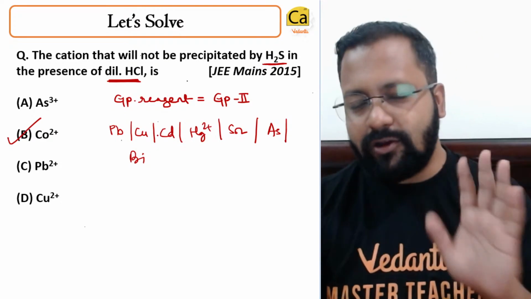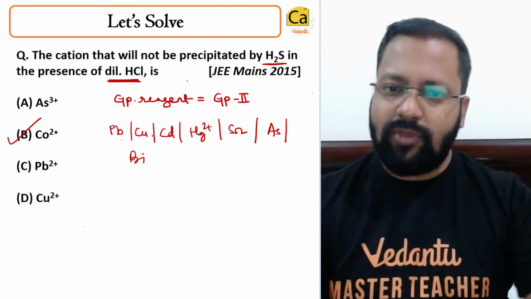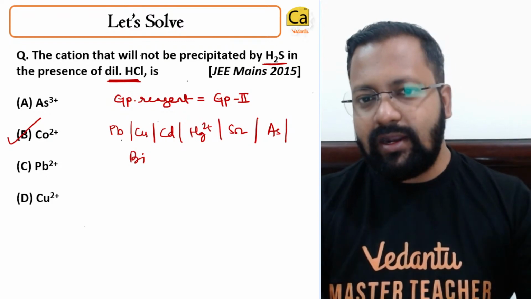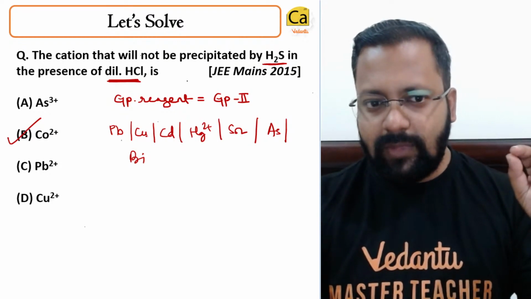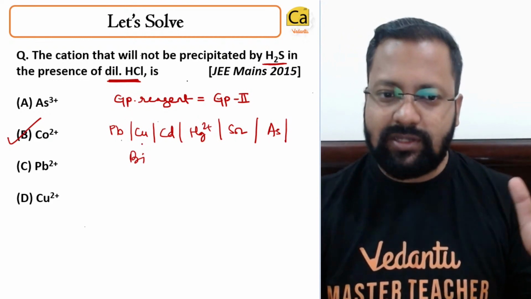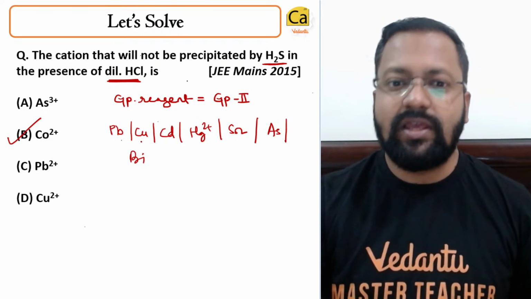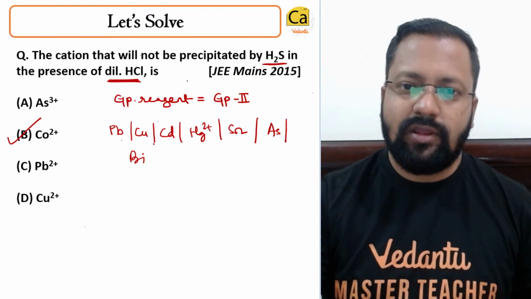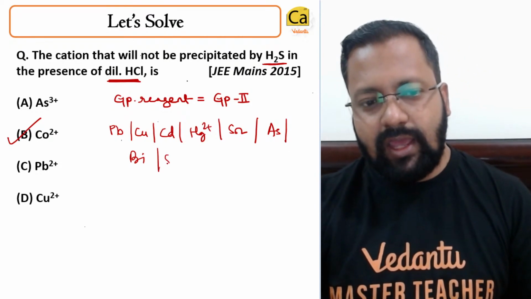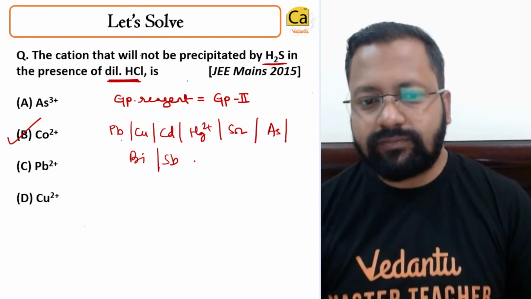I have not written the oxidation states here, but you can go back, watch the replay, and see that I've written the oxidation states as well. Some elements are present in a single oxidation state. Some elements are present in two different oxidation states. Sb is also present.